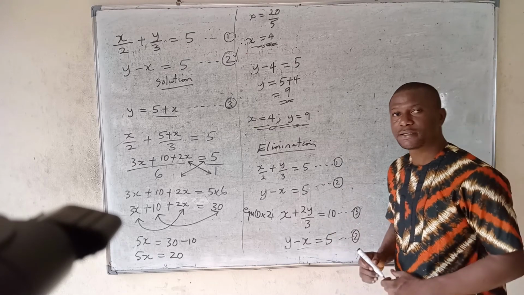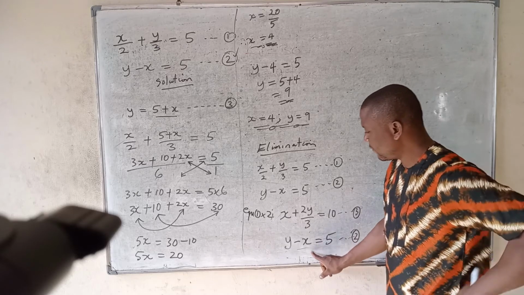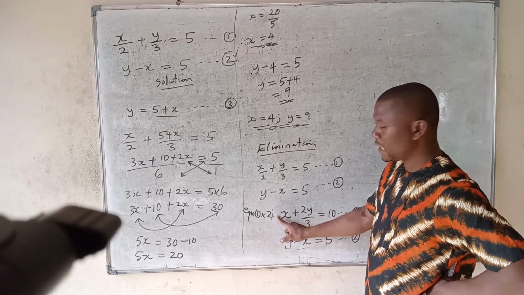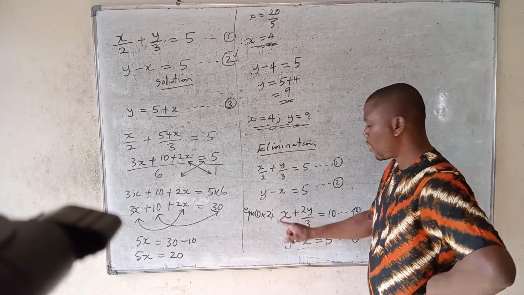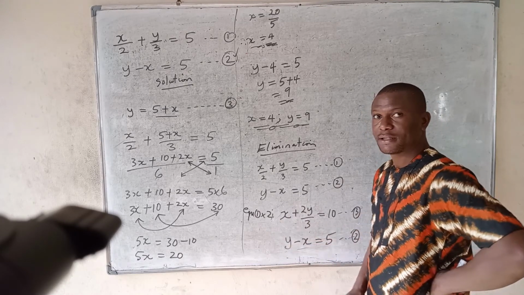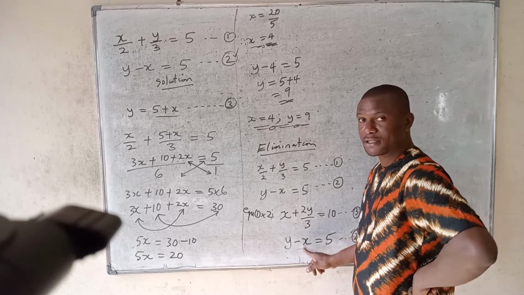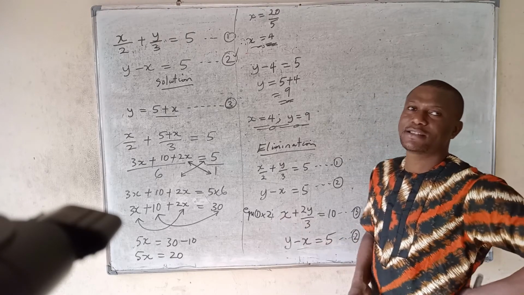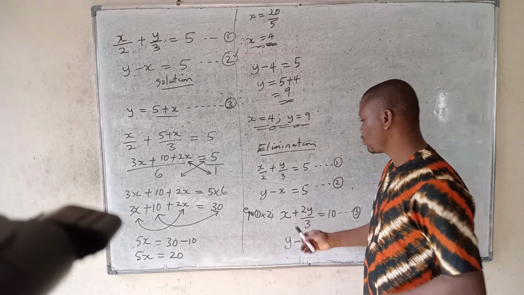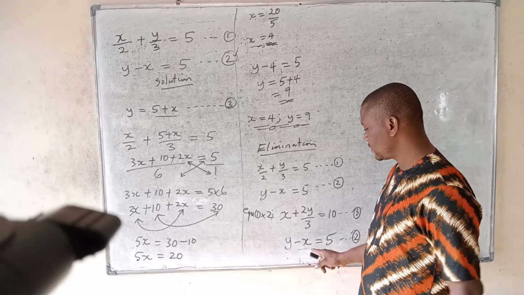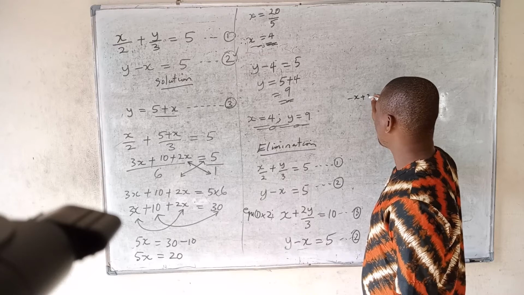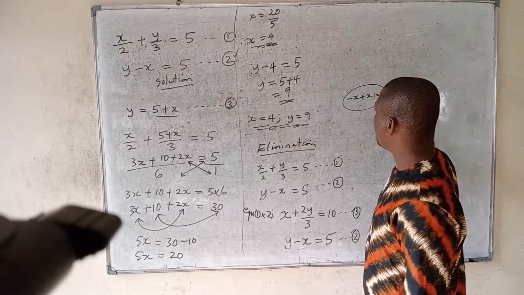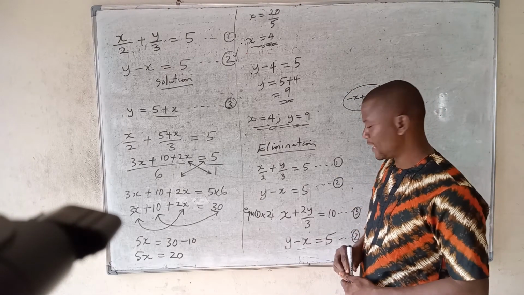So from these two linear equations, you discover that the coefficient of x in equation 1 is 1, and the coefficient of this is 1, but in the reverse direction. So what you have to do is to add up the two equations, because if you say minus x plus x, you get 0, hence eliminating the variable x.